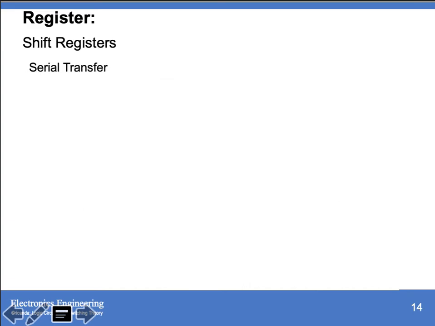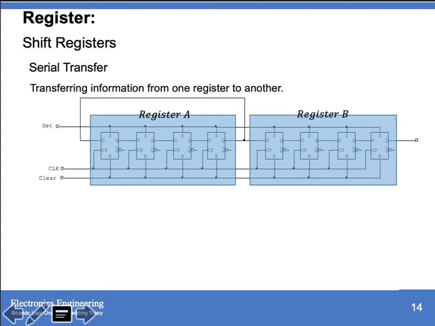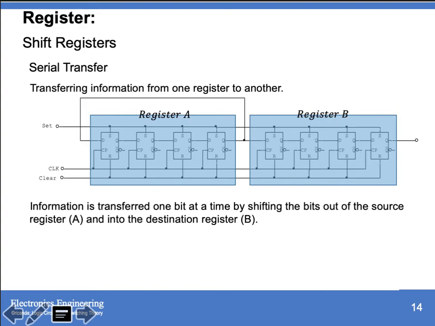Then we have the serial transfer, transferring information from one register to another. So we have register A and register B. Register A is our source register. We want to transfer the data in register A to B. So register B is the destination register.